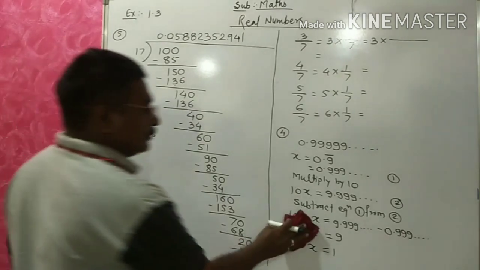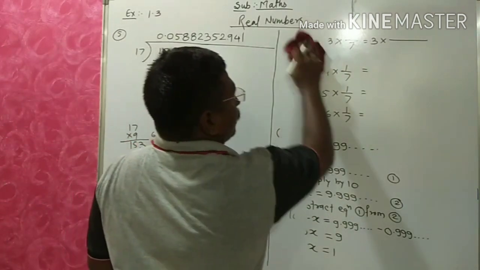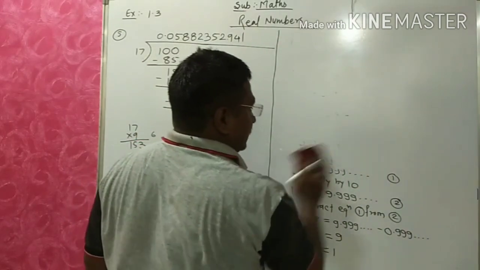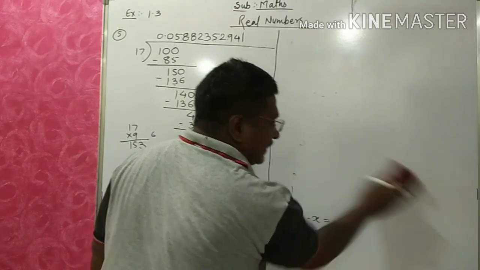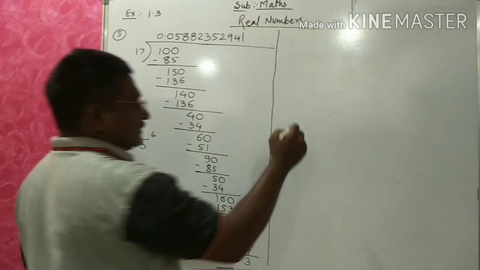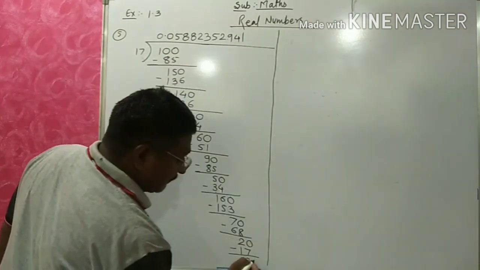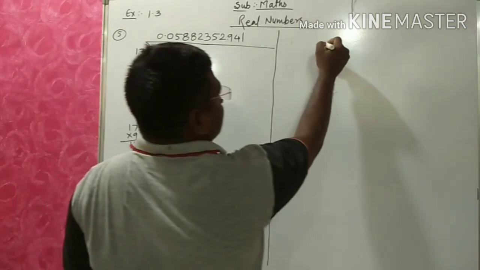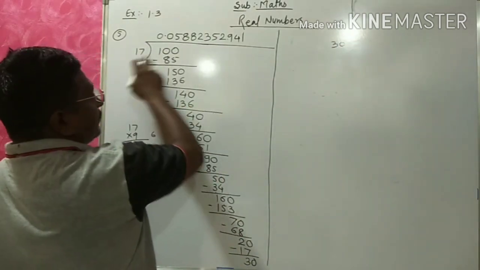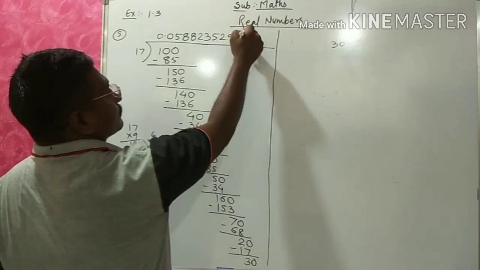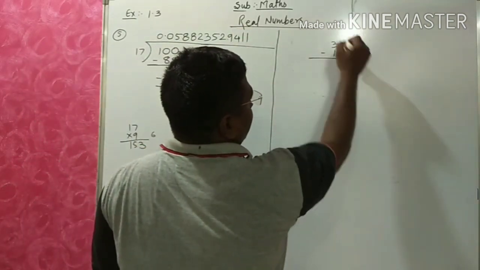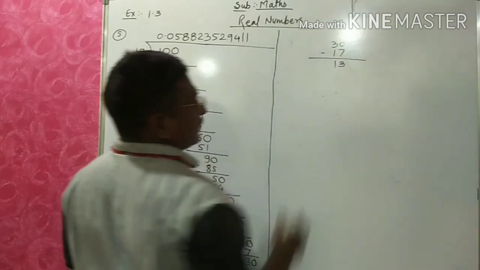Now we will continue the division because here we did not get a repeated number. Till we get the repetition, we have to continue this. So here we will get 3, which means we put 0. So here 30. So what will we get? 17 1s are... 13.